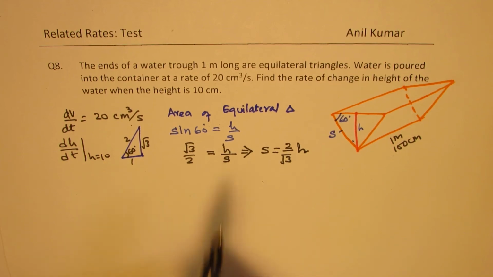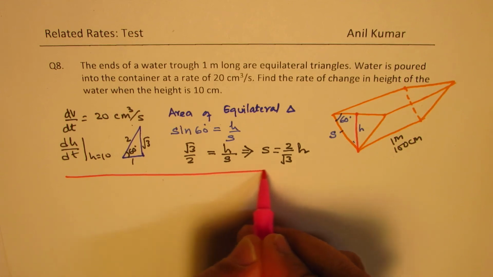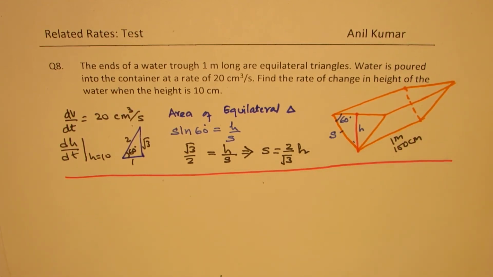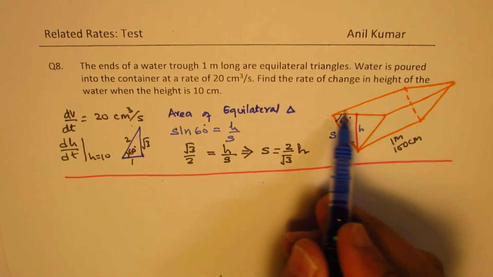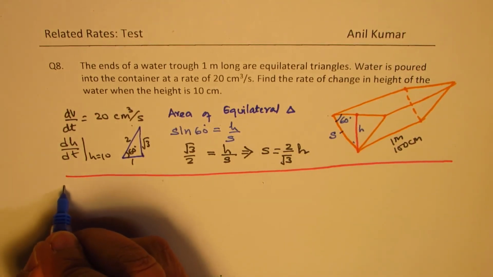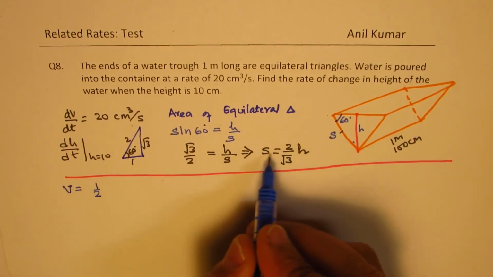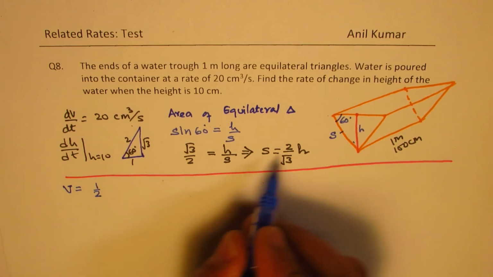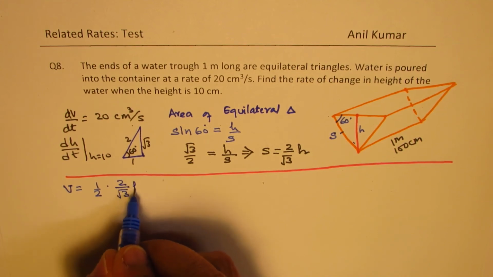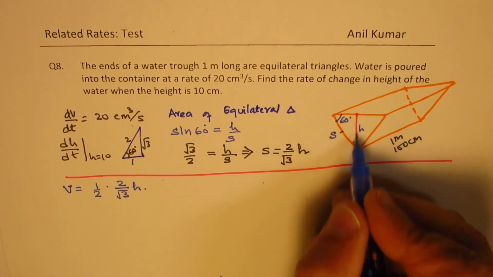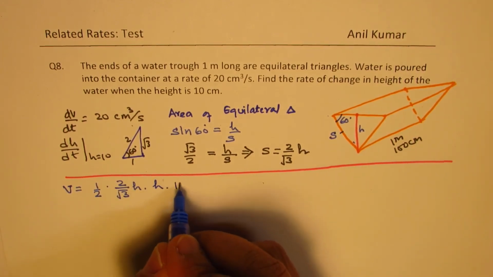Right? So that is a relation which is well known and should be very clear in your mind before you start doing this question. So that gives us the formula for area, which is half base into height, correct? So we get the volume as area, which is half, base is S, which is 2 over square root 3 h, times height, times the length, which is 100.